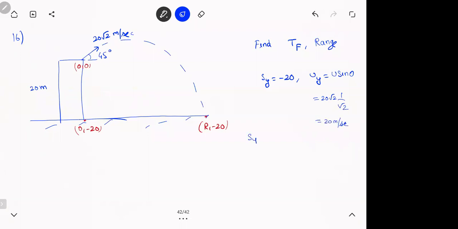So using the equation Sy is uy t plus half ay t square. Sy is minus 20, 20t minus half g t square. 0, 0, 0 will cancel. Multiply 2 on both sides. This will be t square minus 4t minus 4 is 0. Am I right?